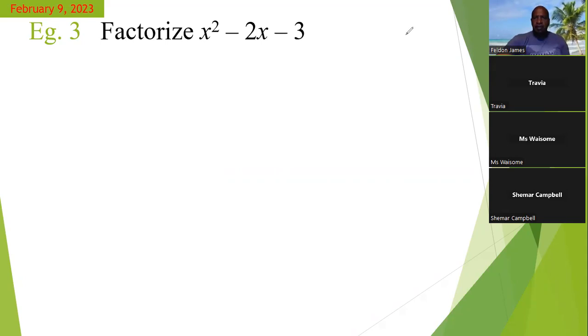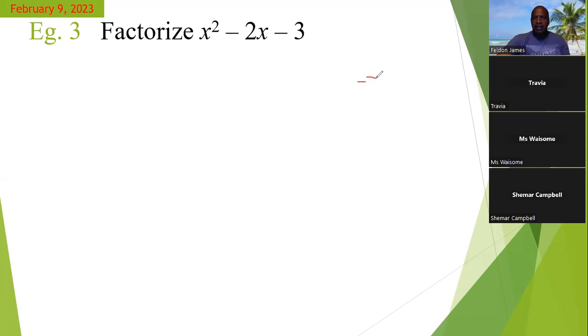Now, it means we have to replace the middle term with those two numbers. So how are we going to write this? We're going to have x squared, and we have -3 and +1.